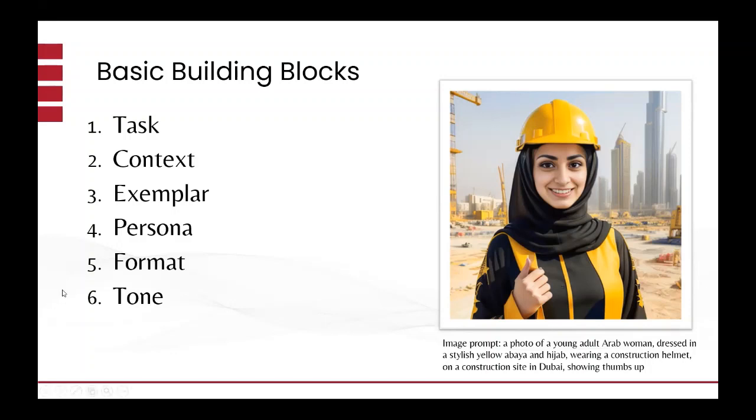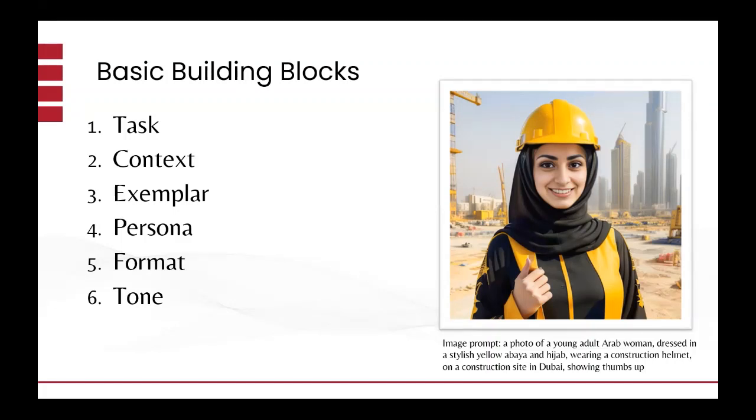The task is the most important thing. Without asking something, we don't get the answer. So the task is primarily the direction, or the main instruction, that guides the AI to respond. For example, this is what I want you to do. We are telling the AI.